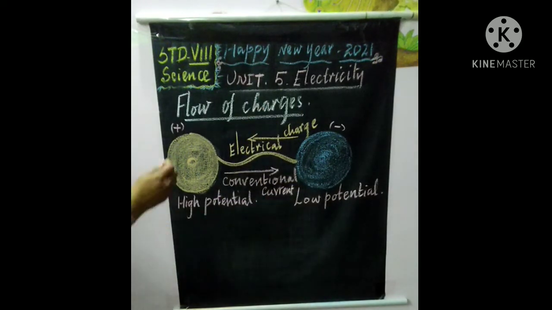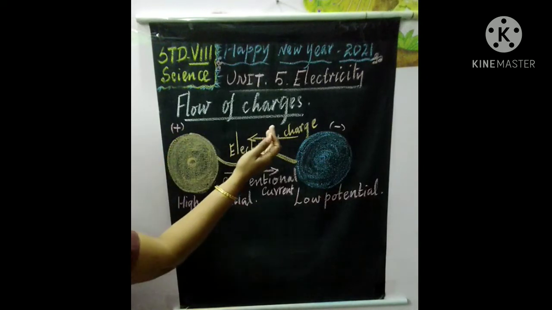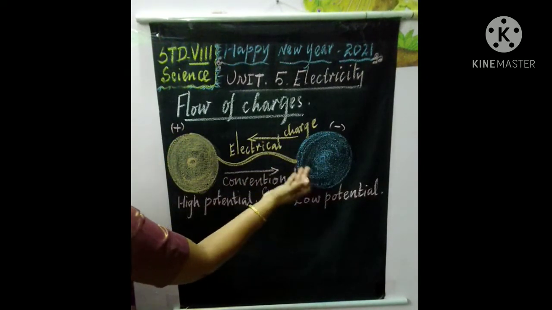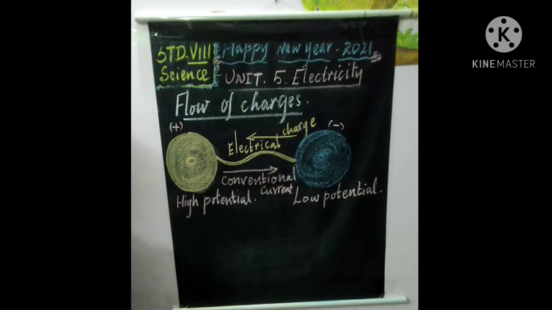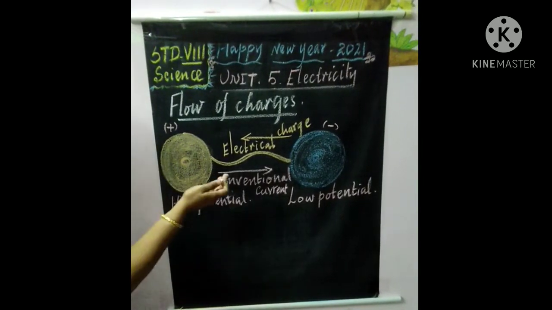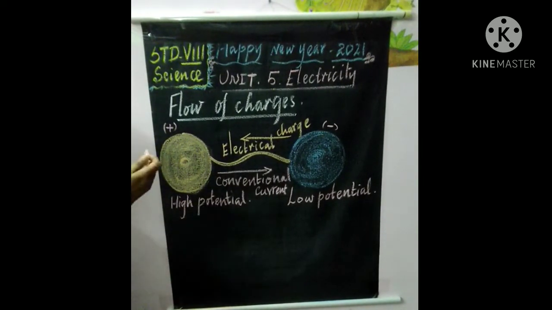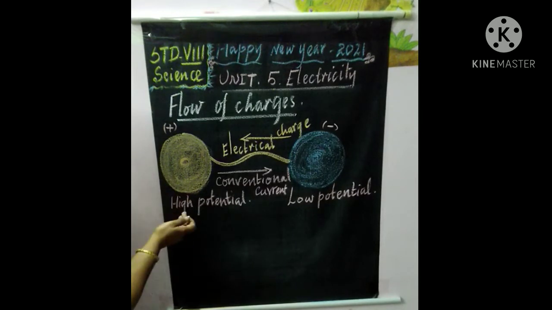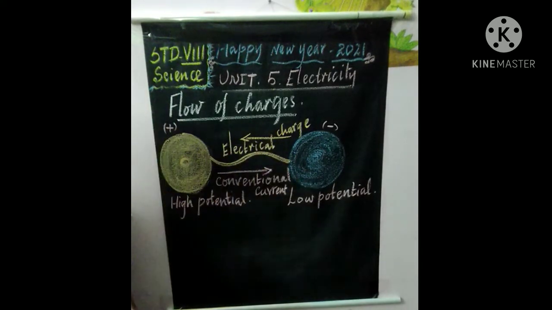So what is electric current? The flow of electrons from the low potential to the high potential region. What is conventional current? The movement from high potential to low potential.